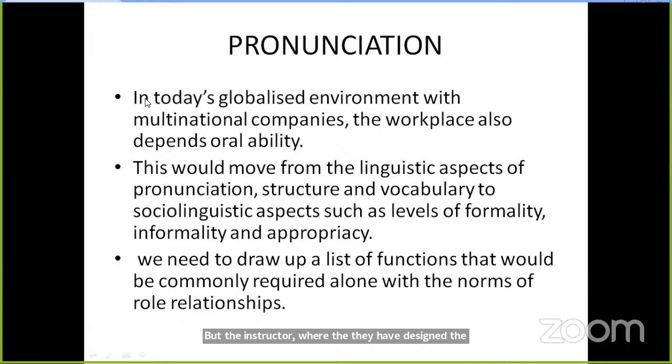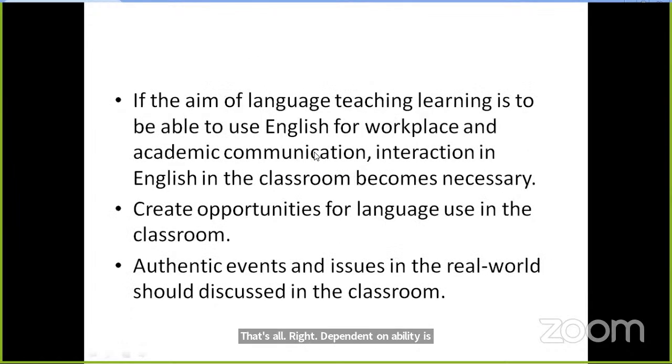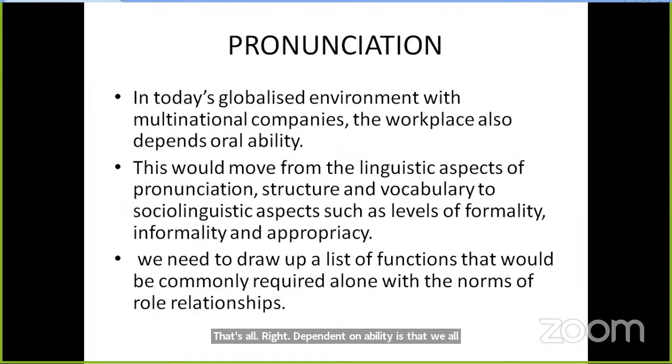In today's globalized environment, with multinational companies, the workplace also depends on oral ability, right? Most of you must have attended interviews, right? The first question the interviewers ask you is to talk about yourself. Tell me about yourself. It is not that they are interested in knowing you.